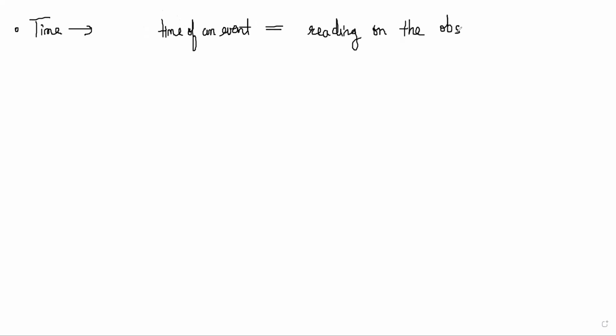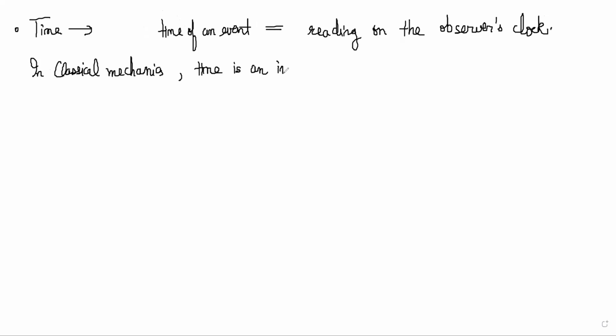Now, what we can say is that in classical mechanics, time is an invariant. What do we mean by an invariant?